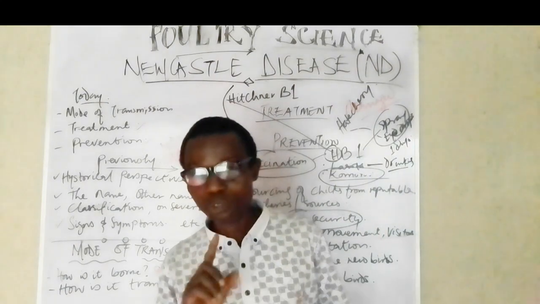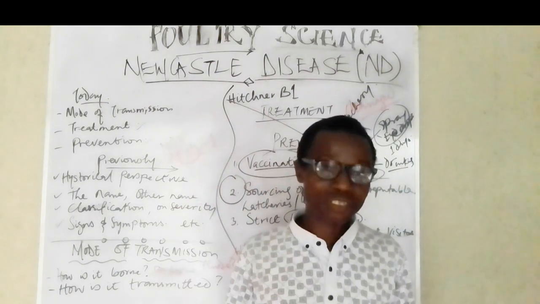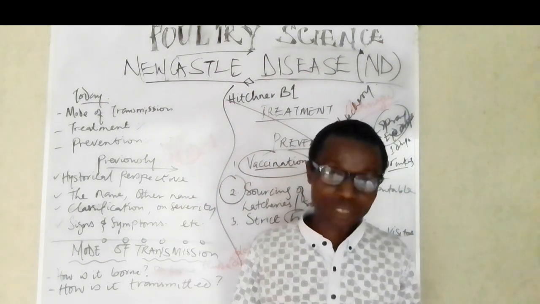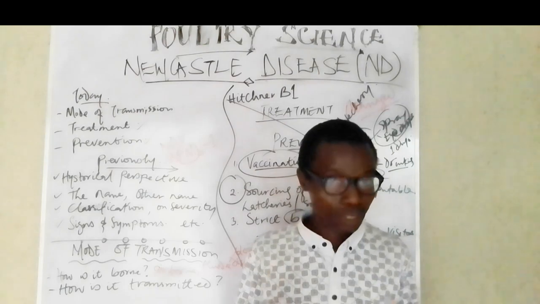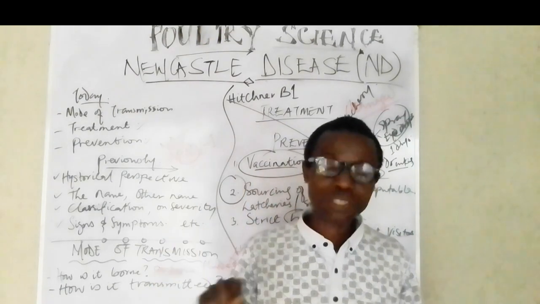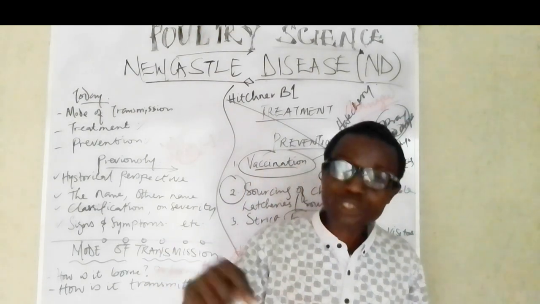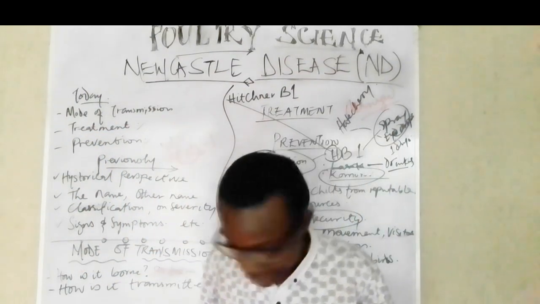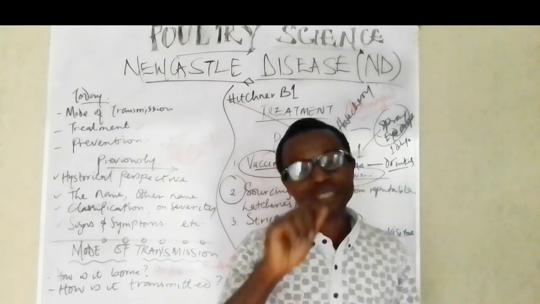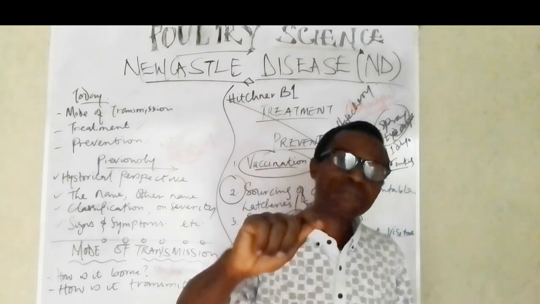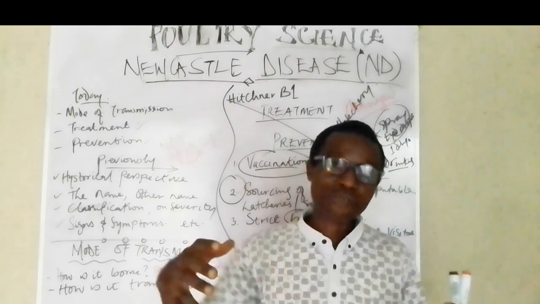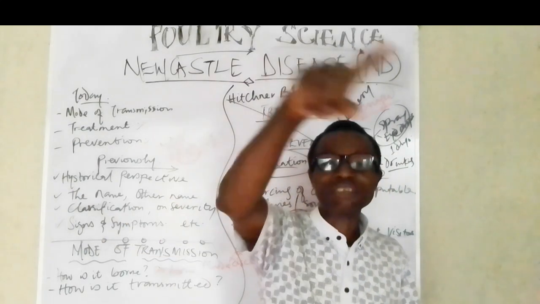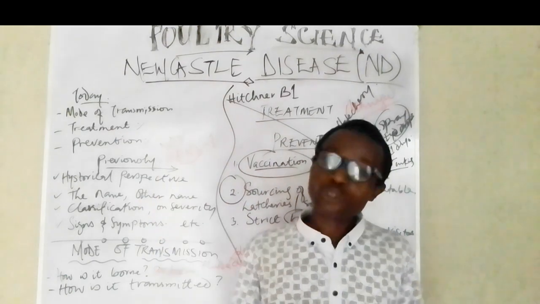Sometimes, let me also say this, some persons that have no business with poultry can be allowed, in quotes, if they've not been around birds. But a person who is your neighbor, a farmer neighbor, don't allow them. Now that is where the challenge comes in. You have a worker and your farm is situated in a farm settlement. You're not there.